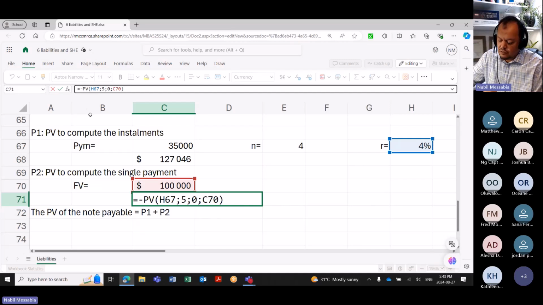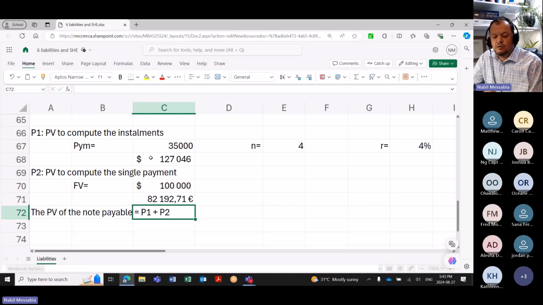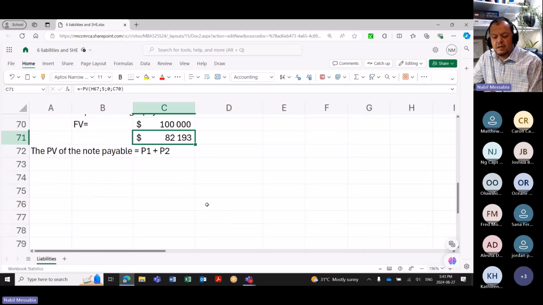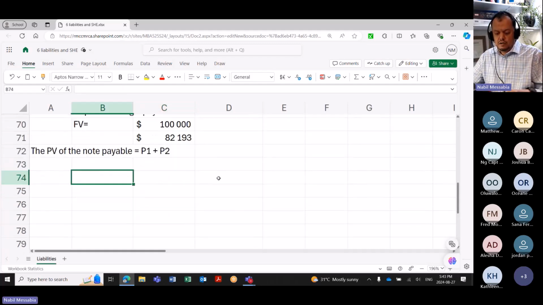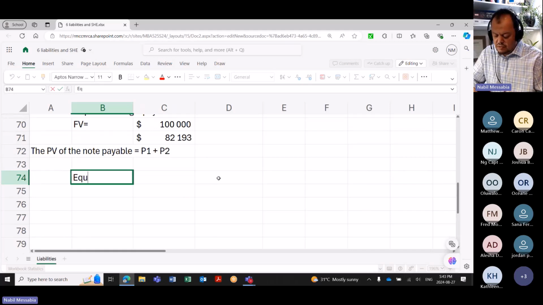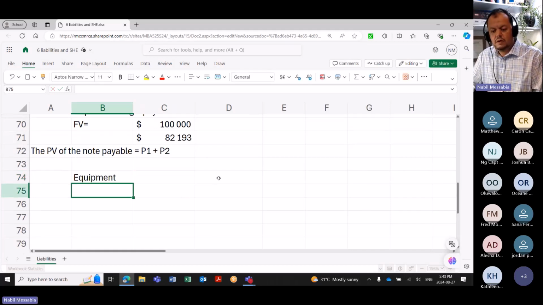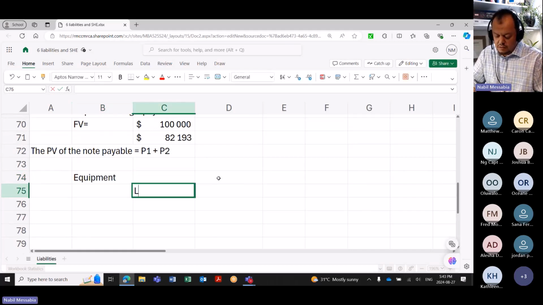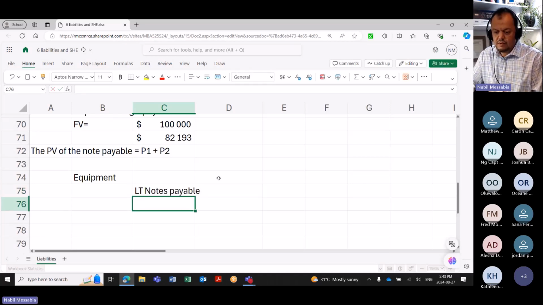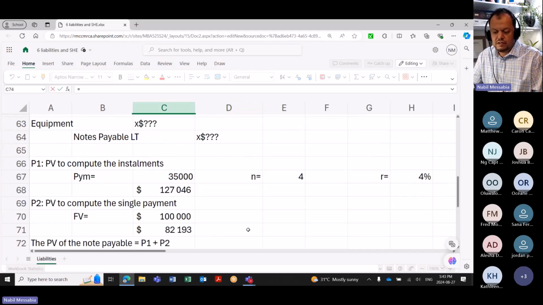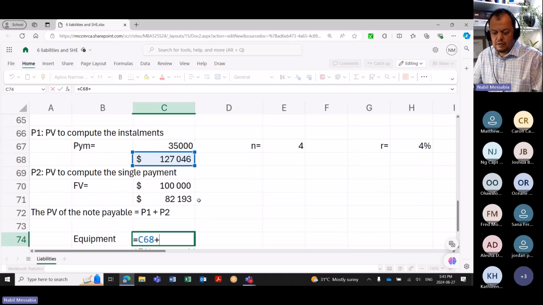Paying $100,000 within 5 years is the equivalent of paying immediately $82,000. And then we make our journal entry, equipment, and long-term notes payable for that amount, which means, of course, 127 plus 82.